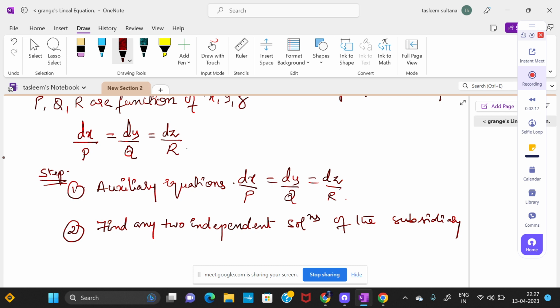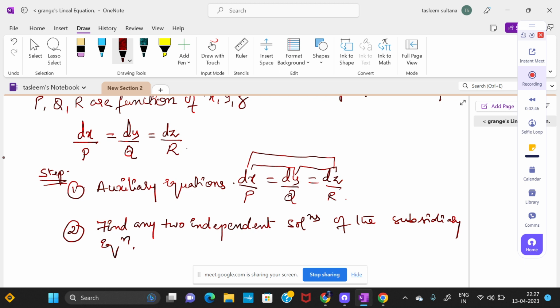Any two equations you take for the first set, then later you take the remaining two. Either you take dx and dy as one group, or you can go for the second solution as dx and dz, or you can go for dy and dz. These are the ways of considering the grouping.